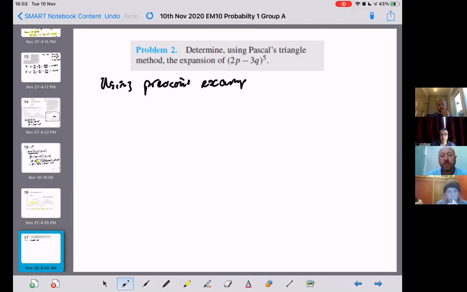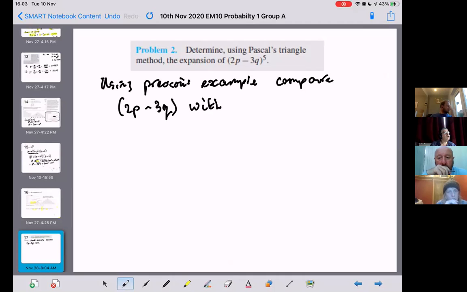Compare 2p minus 3q with a plus x, because that's what we were expanding before.